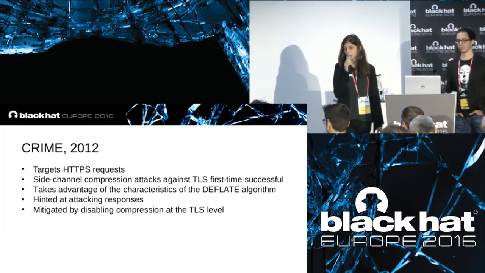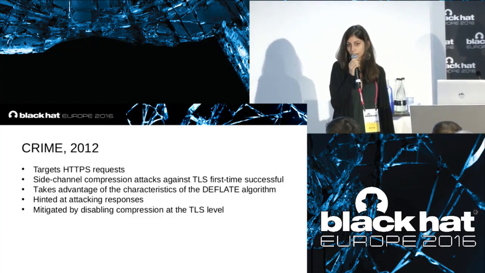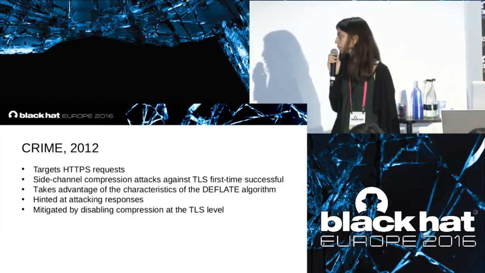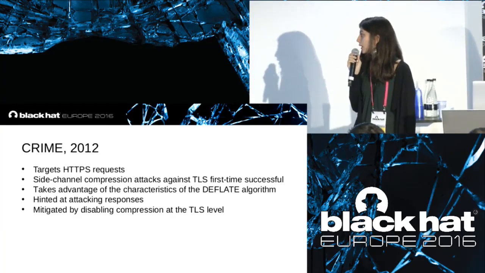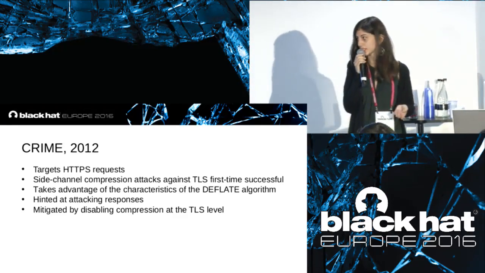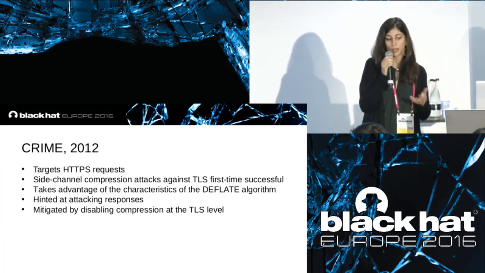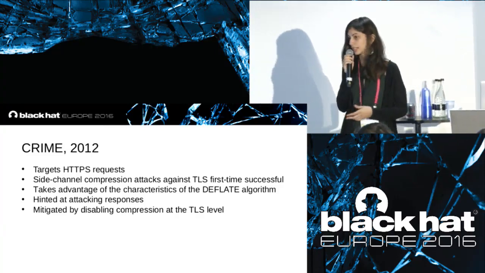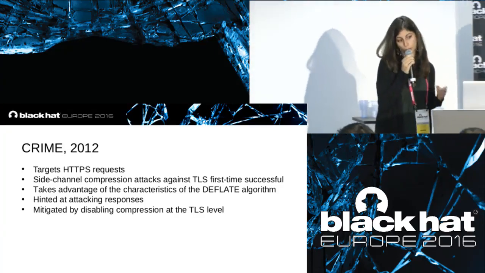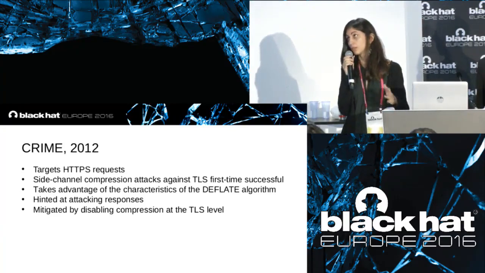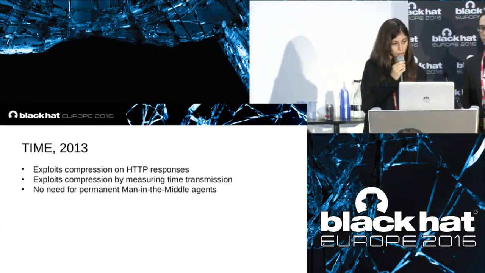It took advantage of the characteristics of the DEFLATE algorithm, which is the most popular compression algorithm today. It hinted at attacking responses, although it didn't implement it. After that, CRIME was mitigated by disabling compression at the TLS level, so no side channel compression attacks for HTTP requests were possible.